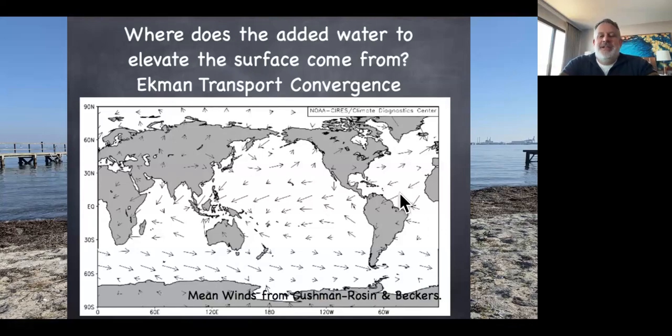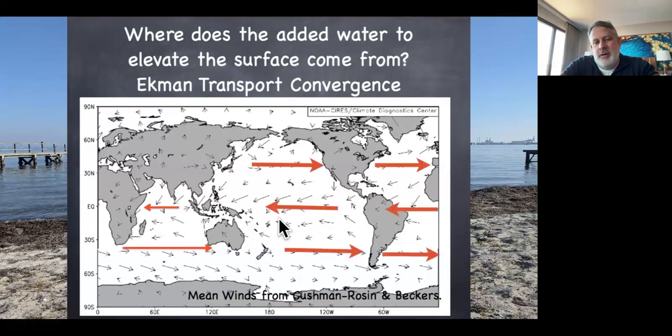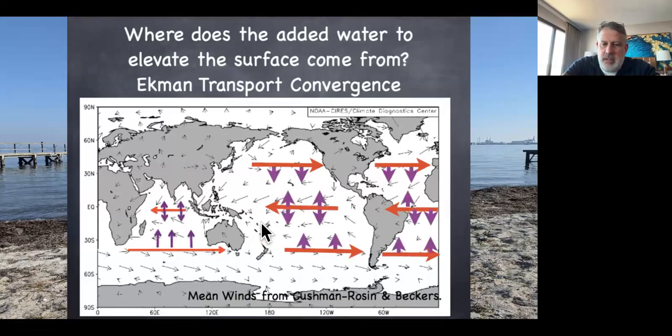Okay. So what if we just highlight in a big, strong arrow those westerlies and easterlies, the patterns of the roaring 40s and the trades? Notice that we have that alternating wind pattern that we just talked about, causing convergences or maybe divergences in the Ekman transport. So here are the broad patterns of the winds.